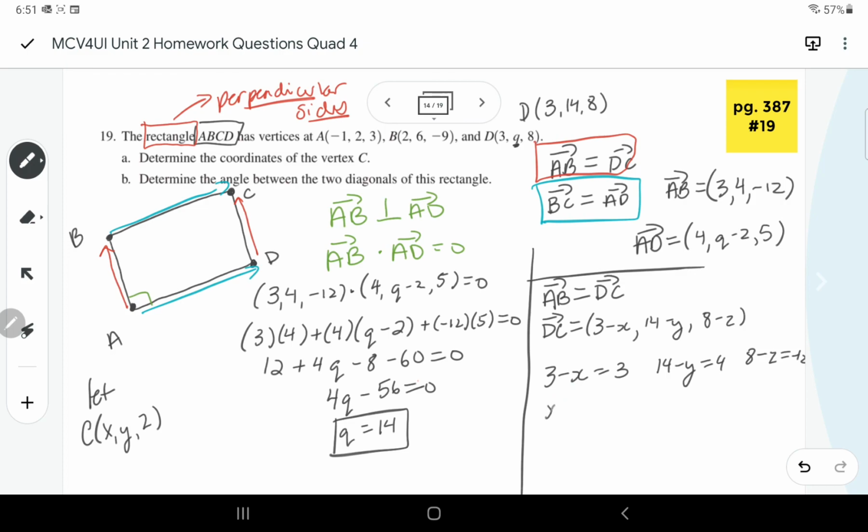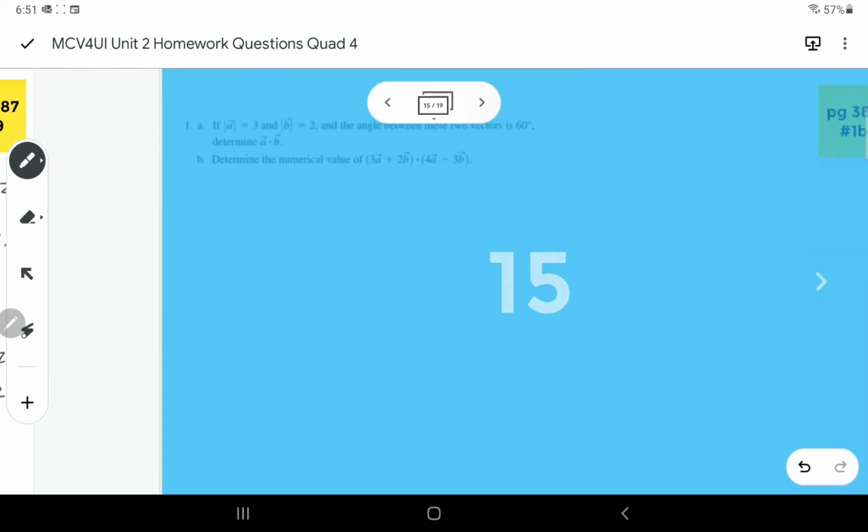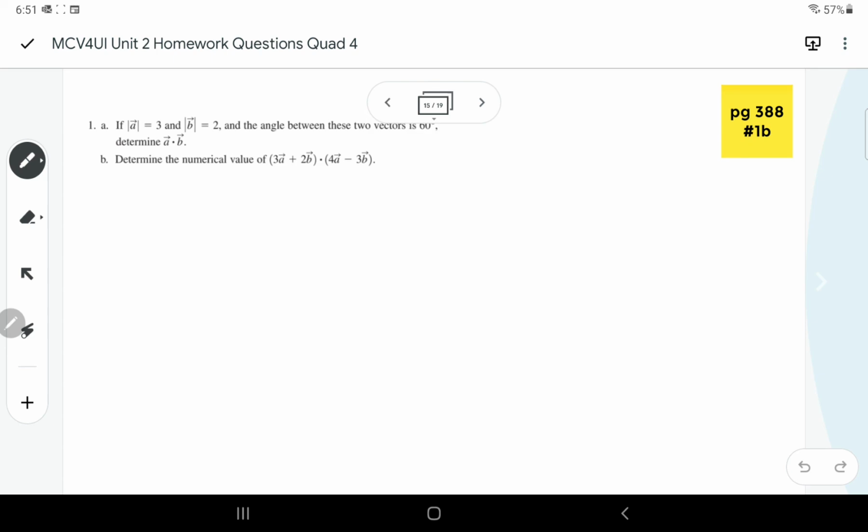So here, x is 0, y is 10, and z is 20. So point C is (0, 10, 20). So we found point D, found the q value there, and then used the equal vectors to find C. And the next one is from the mid-chapter review, so I'll do that in a separate video.